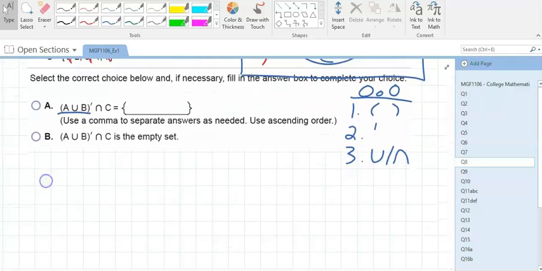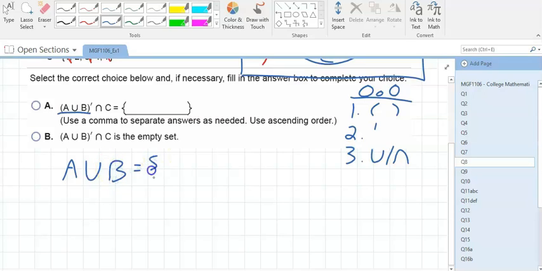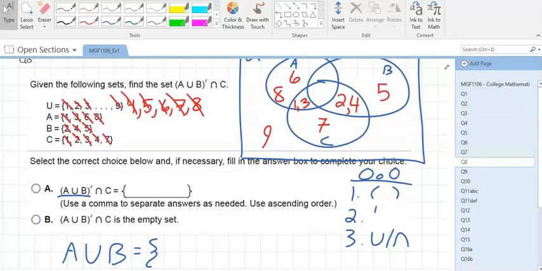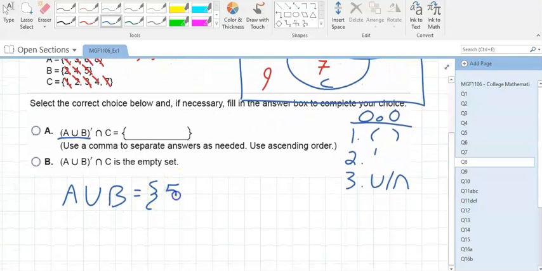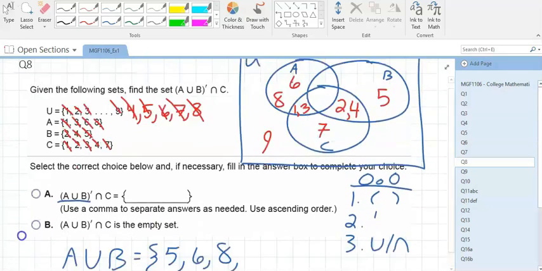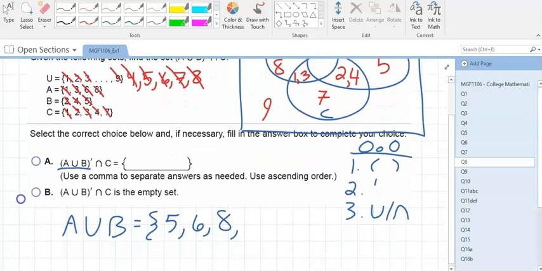I need the union of A and B. So I need all the numbers that are in A and B. Who are they? 5, 6, 8. Anybody else? Yep, there we go.